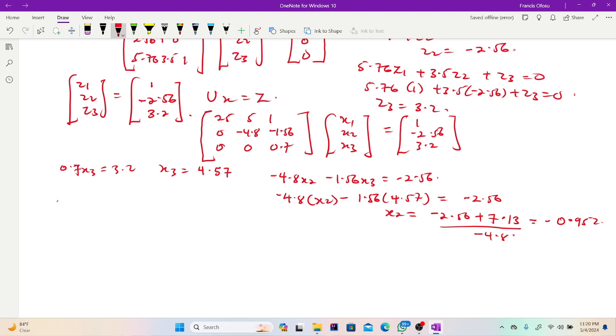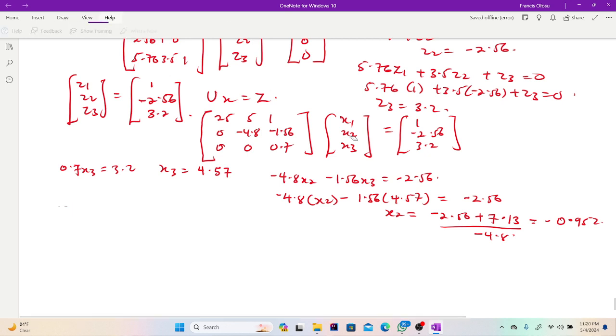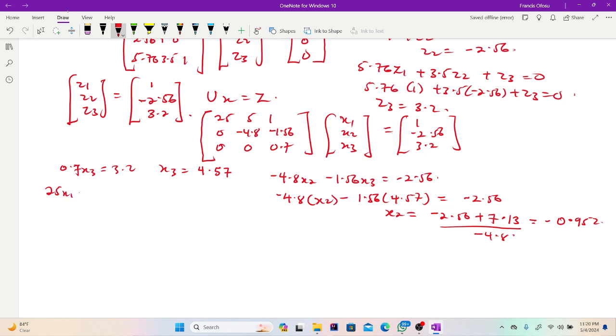So the equation for x3 is 25x1 plus 5x2 plus x3. I'm talking about this, and that should give me 1. So x1, x2 is negative 0.952, x3 is 4.57, equal to 1.